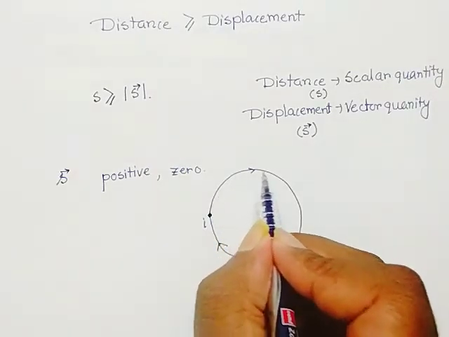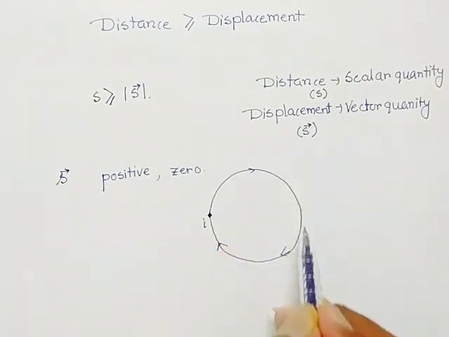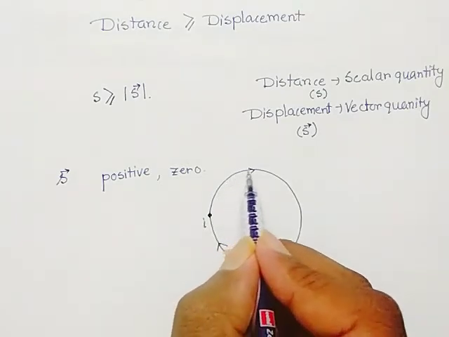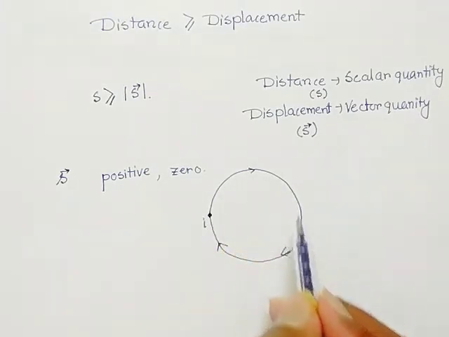If I move in the clockwise sense, the path covered is 2 pi r.